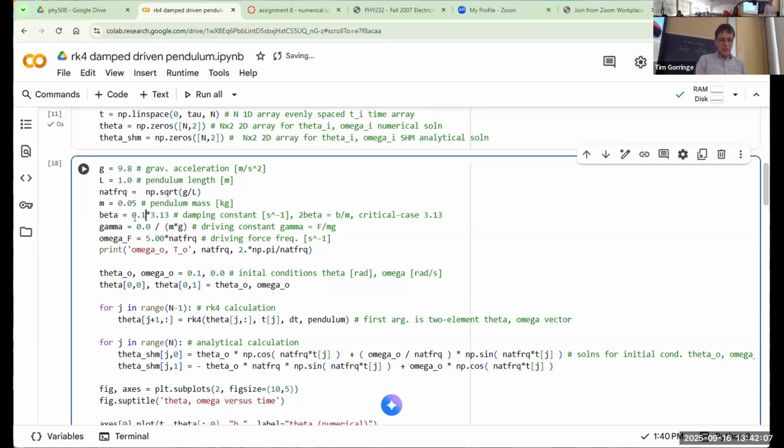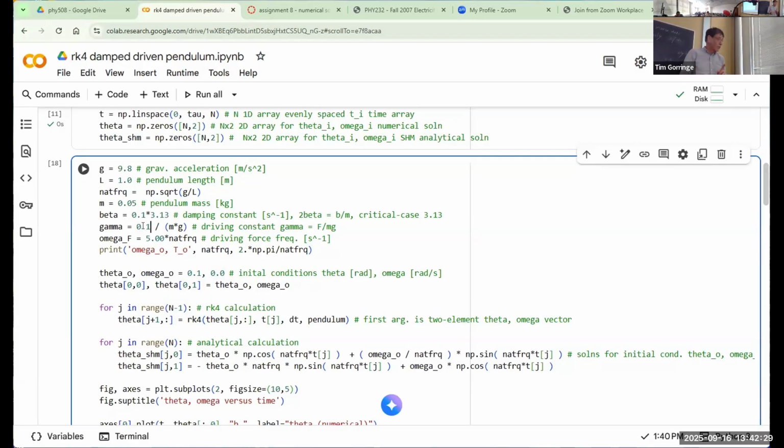So I'm going to try and balance the injection of energy through the driving force and the release or dissipation of energy through the drag force by having both switched on now. I'm going to set gamma now to be non-zero.